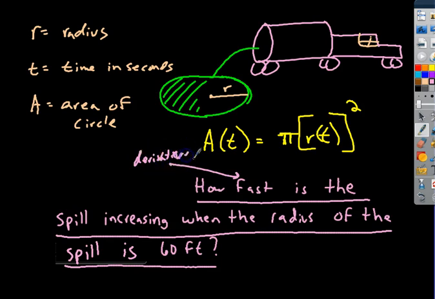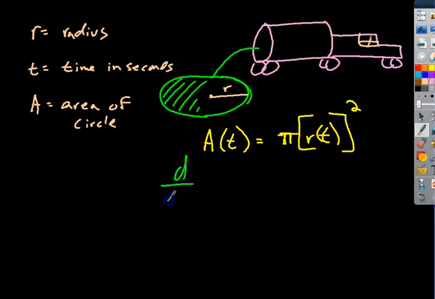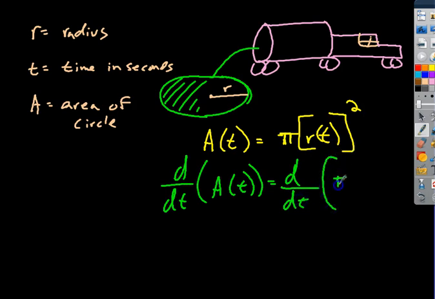And I'm looking for it when the oil spill's radius has increased to 60 feet. I'm about to erase the question now. So we're going to take the derivative of the left side with respect to time, and take the derivative of the right side with respect to time.